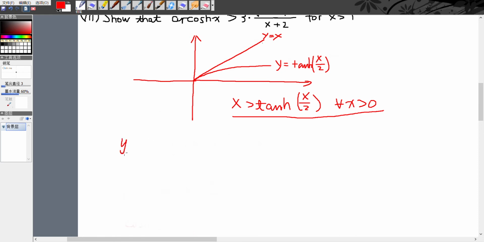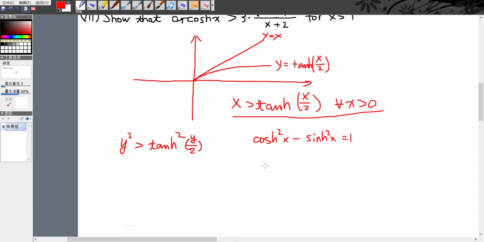So y squared is bigger than tanh squared y over 2. This is the square of your result. Then from the hyperbolic identity, we have cosh squared x minus sinh squared x is equal to 1.